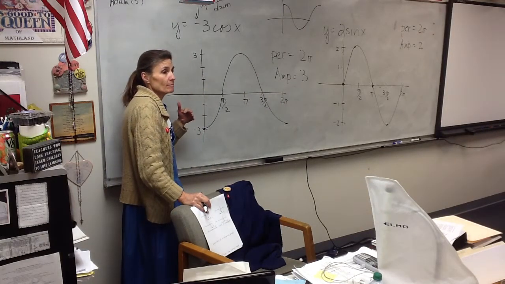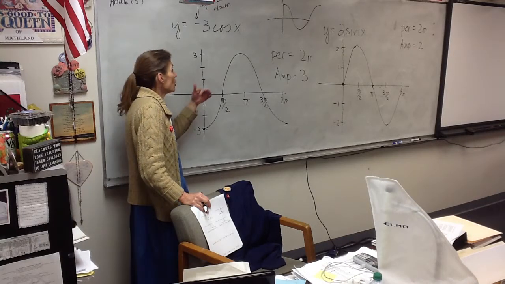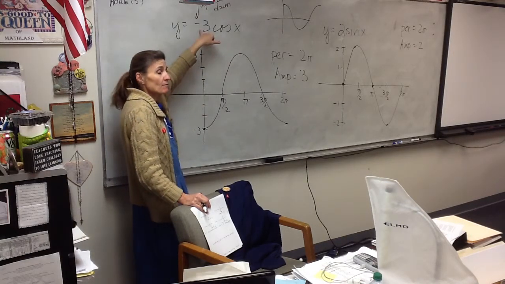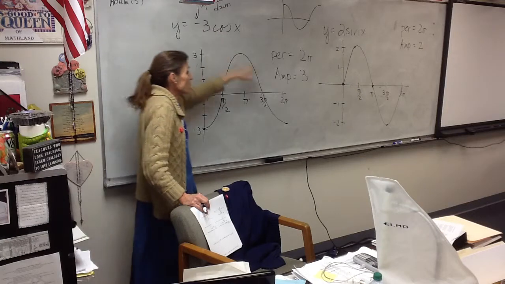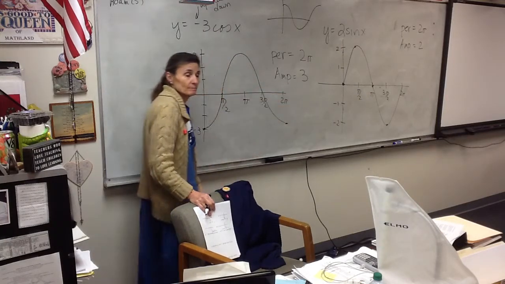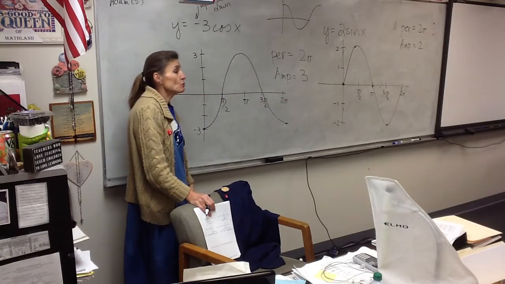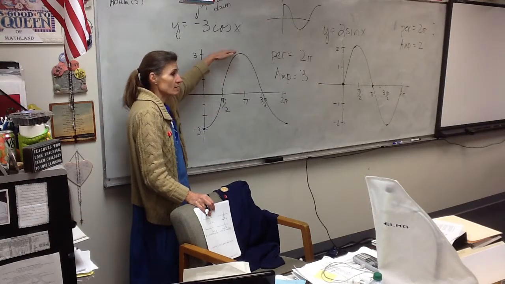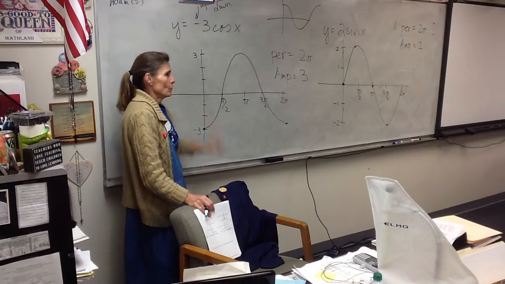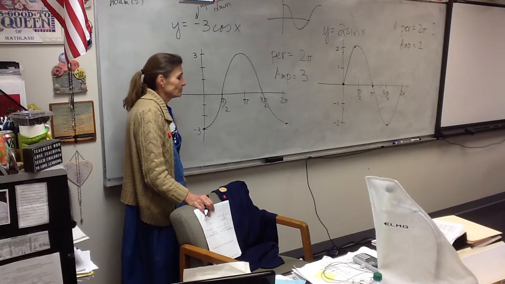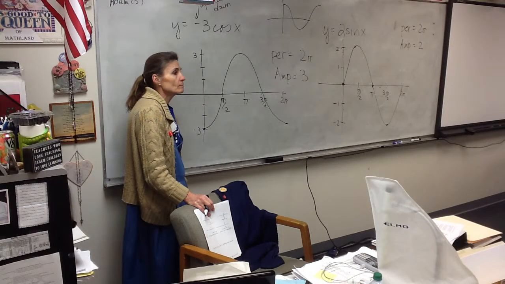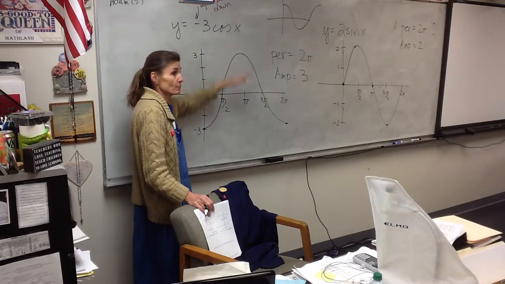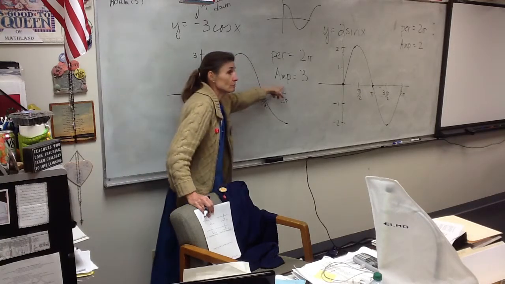Notice, Megan, that this is a negative 3 out here, but my amplitude is not negative. My amplitude is always a positive number. How high are these hills? The hills are 3. How tall are the hills? Yep. 3 units. That's the amplitude. 3.